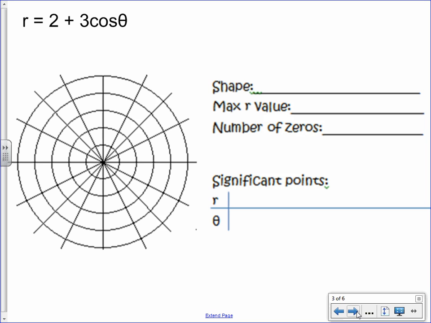Okay? All right, so we're going to go through a few examples. Okay? R equals 2 plus 3 cosine theta.